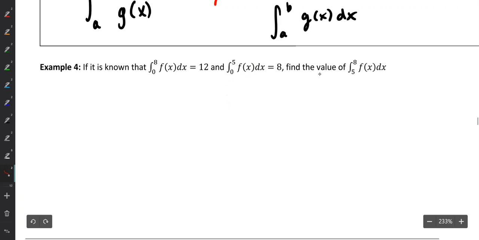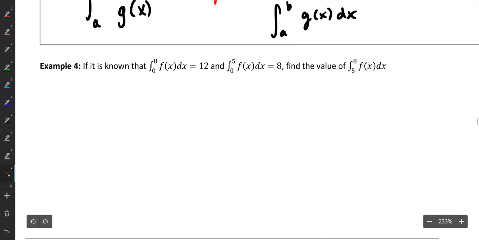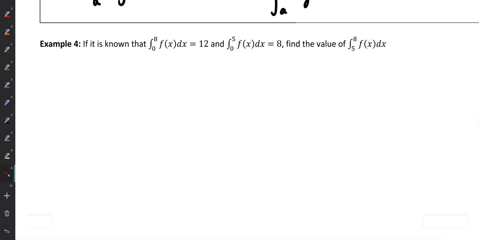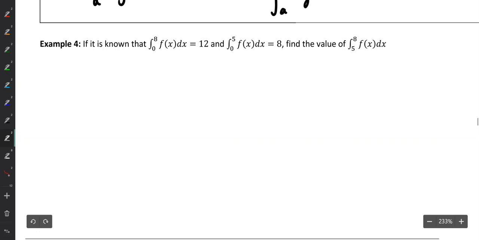Then we're asked to find the integral as x goes from 5 to 8 of f of x dx. In other words, we're asked to find the area under f bound by the vertical lines x is 5 and x is 8. Now you can approach this graphically or analytically. I'm going to go ahead and do them both.